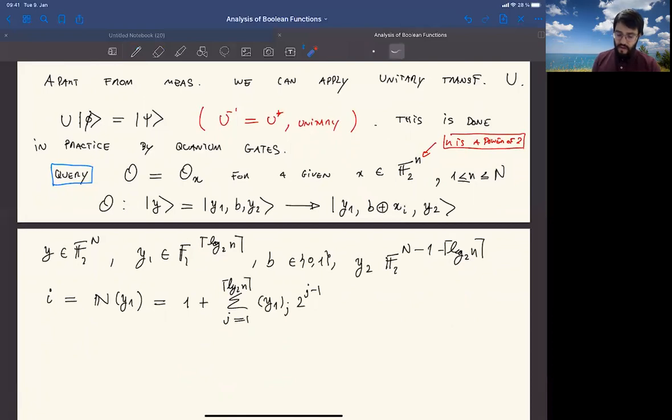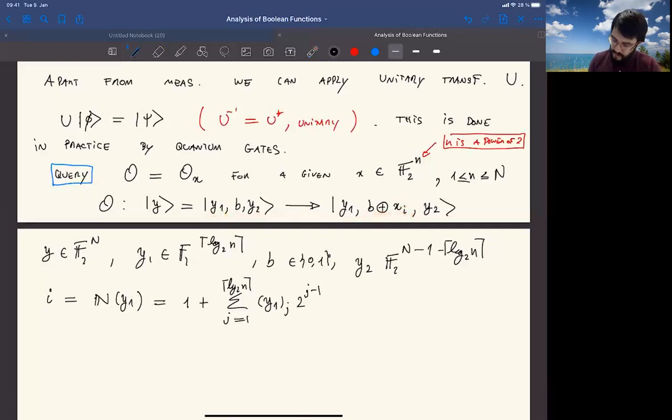So there you go. That's the definition of this O of X. It just separates into bits, and the first part gives the address somehow, just like the address function. It gives the address of the bit I have to choose of the variable x, and then I do an exclusive OR with this guy.